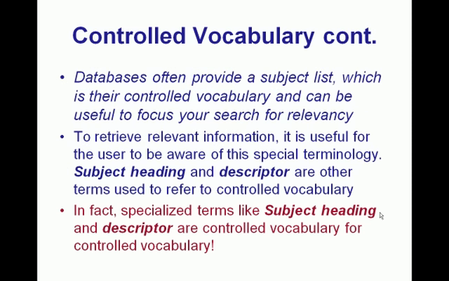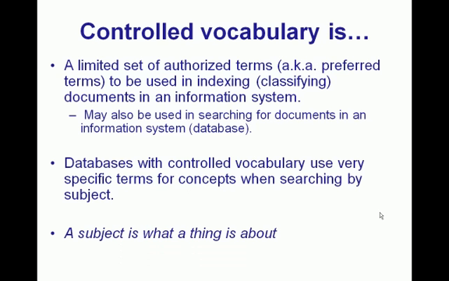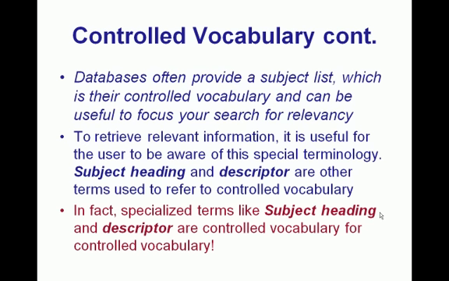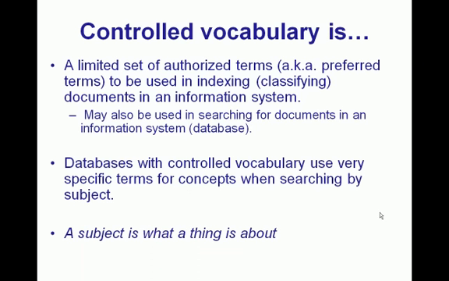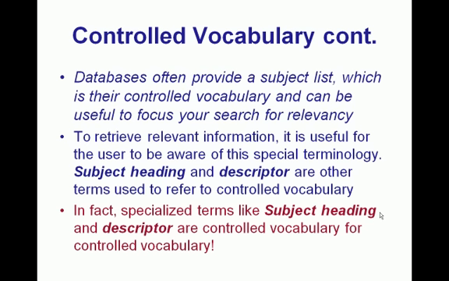Controlled vocabulary continued. Well, we said earlier that a subject is what a thing is about. Databases often provide a subject list, which is their controlled vocabulary and can be useful to focus your search for relevancy because subjects are what a thing is about. Relevancy, subjects, they're kind of along the same lines, don't you think?